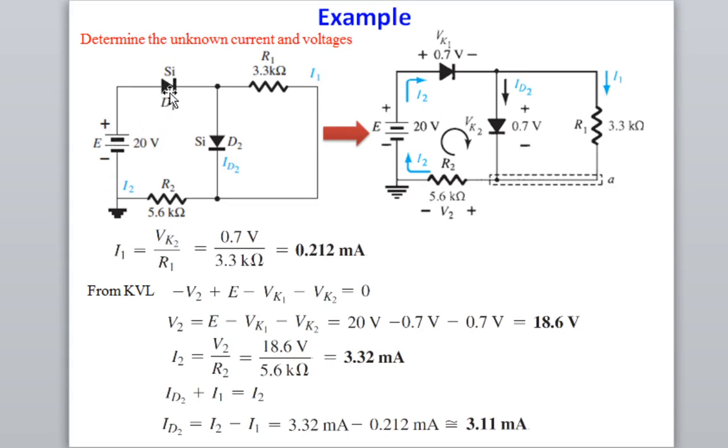And this is also connected with the battery's positive terminal, so this is also in forward bias. Both diodes D1 and D2 are in forward bias, because the negative terminal of the battery is connected with N type and this is also N type. Directly or indirectly, the N type semiconductor is connected with the negative terminal of the battery, and the P type semiconductor is connected with the positive terminal.